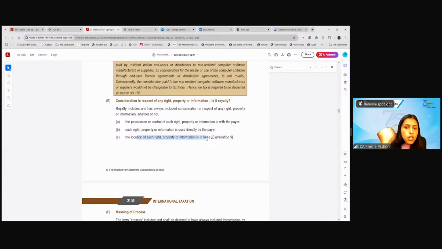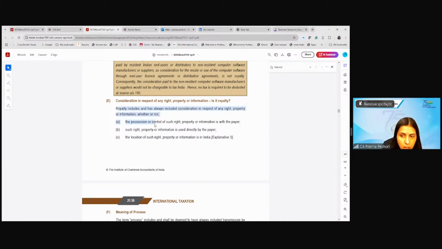You are just the user of Airtel. Airtel is not using. The tower is also not located in India. It is in South Africa. The Act says irrespective of whether Airtel has possession of the tower, whether the towers are used by Airtel or whether the towers are located outside India, still the payment will qualify as royalty. So this is what this explanation says.